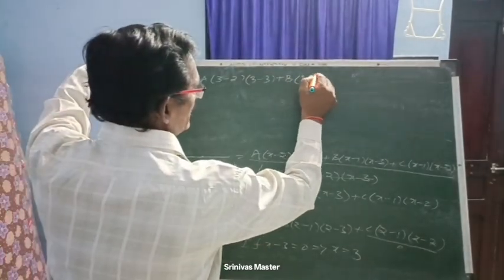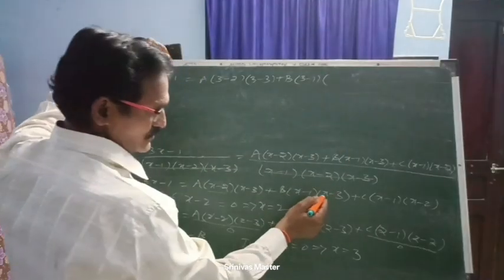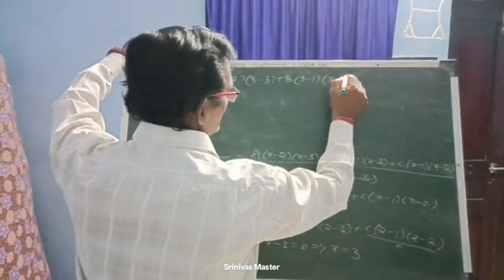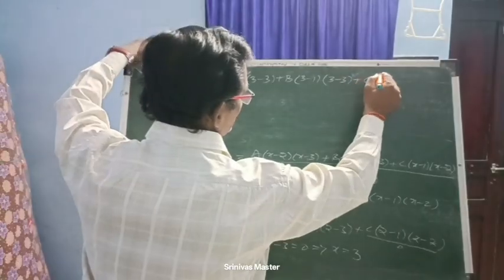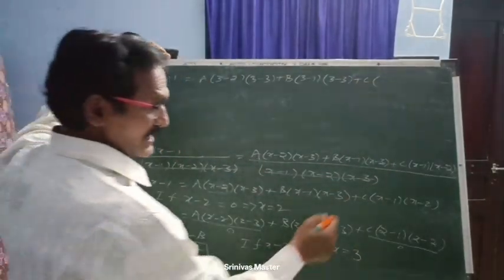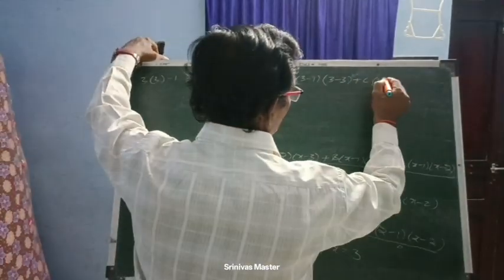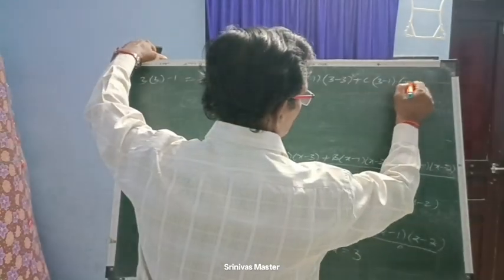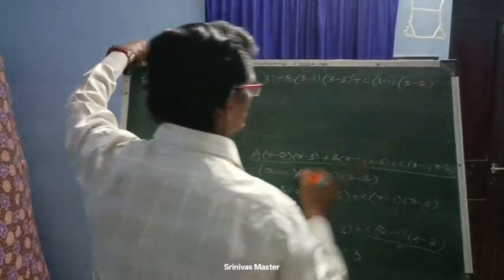That means 3 minus 1 into x minus 3, 3 minus 3, plus c into x minus 1. That means 3 minus 1 into x minus 2, that means 3 minus 2.